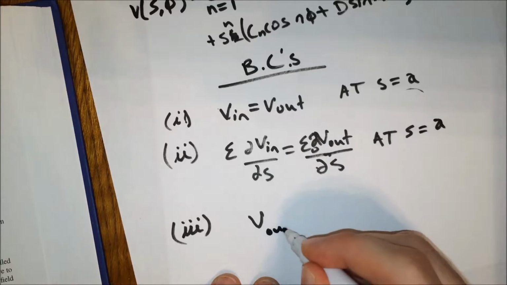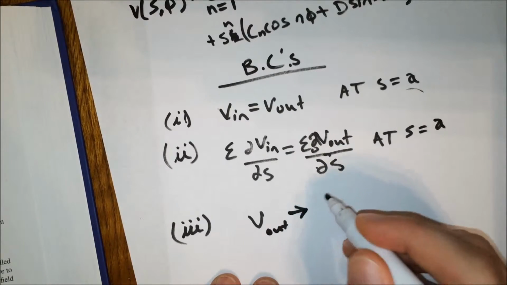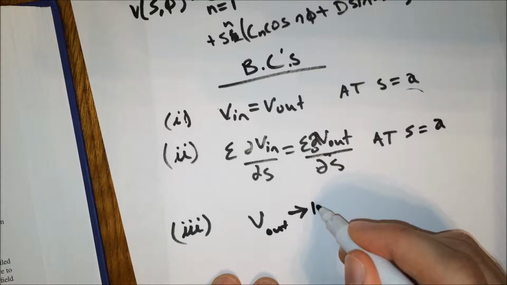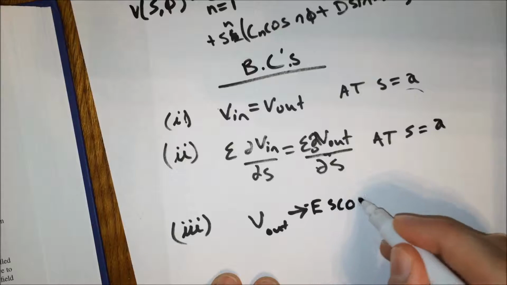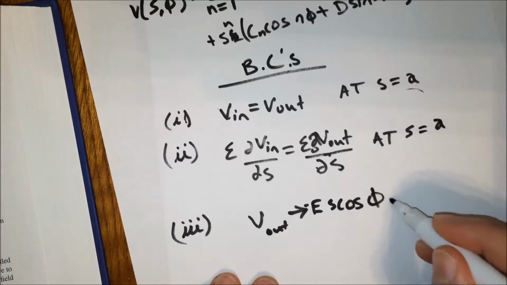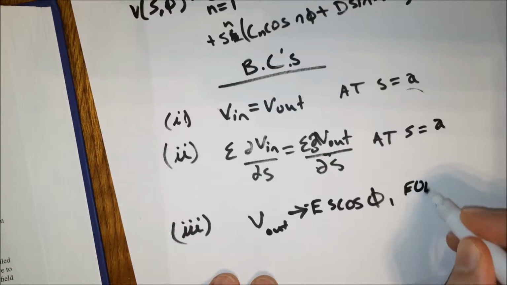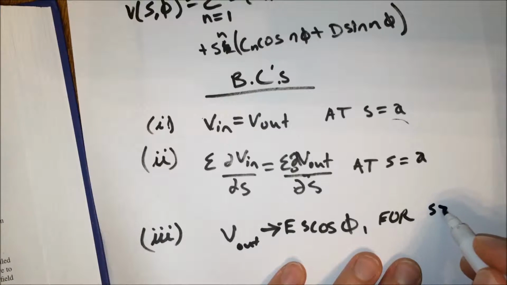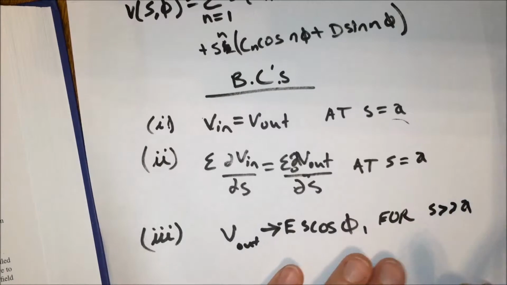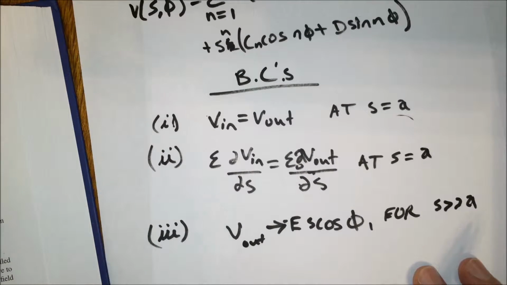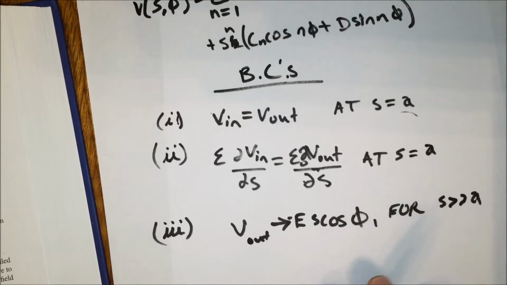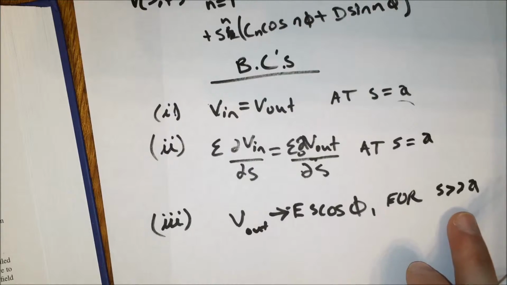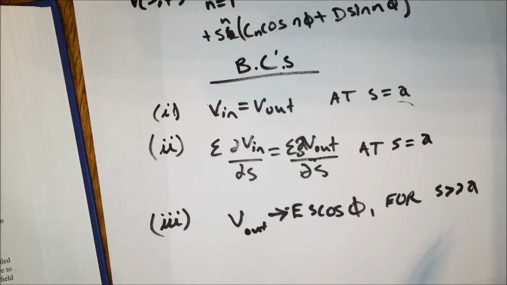And V out is negative E naught S cosine phi for S much greater than A. So the potential on the outside approaches this function for S much greater than A, basically at infinity.